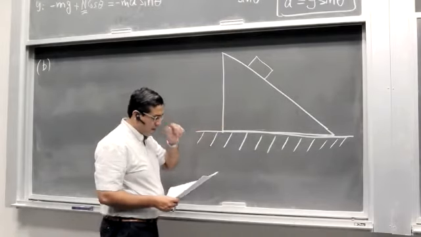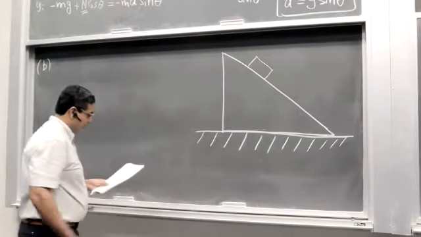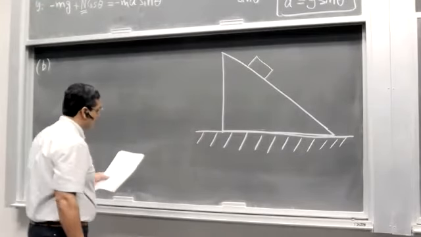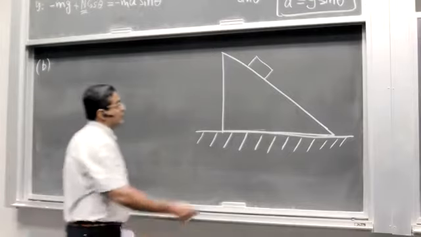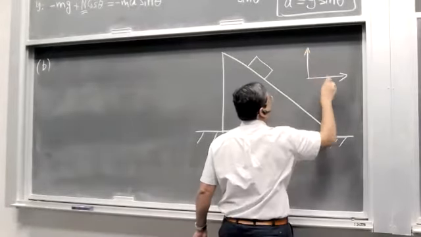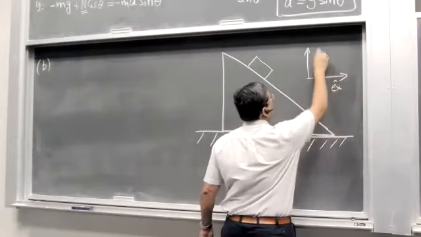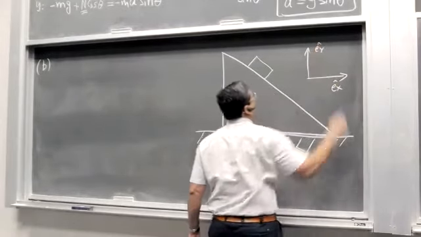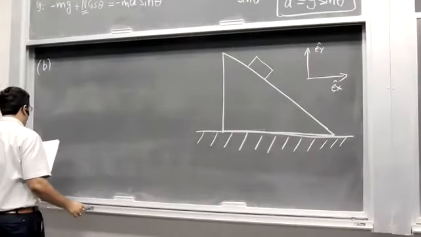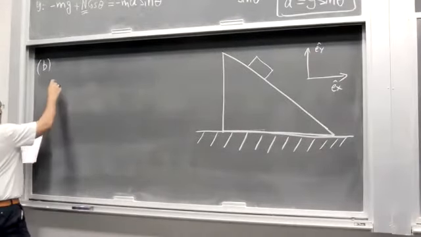All right. For the block, the free body diagram and the forces remain unchanged in the coordinate system that we just worked out. So I can write the equations like this.